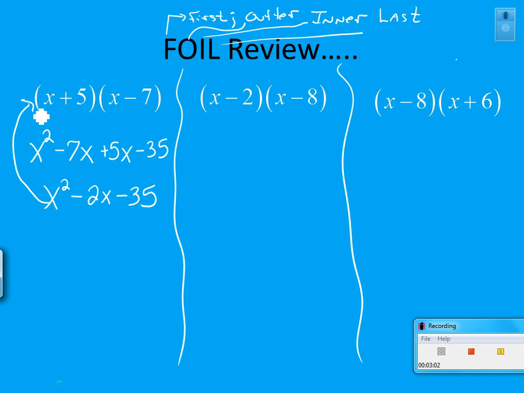Here's another FOIL for you. X minus 2 times x minus 8. My first term is x times x, x squared. And then x times negative 8 is negative 8x. And then negative 2 times x is negative 2x. And then negative 2 times negative 8 is plus 16.